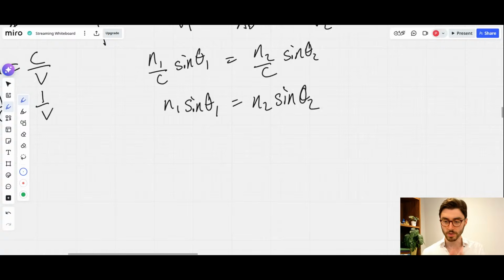I'm also going to assume as a prerequisite that you remember total internal reflection from GCSE. So total internal reflection is when all of the light is reflected inside the medium.